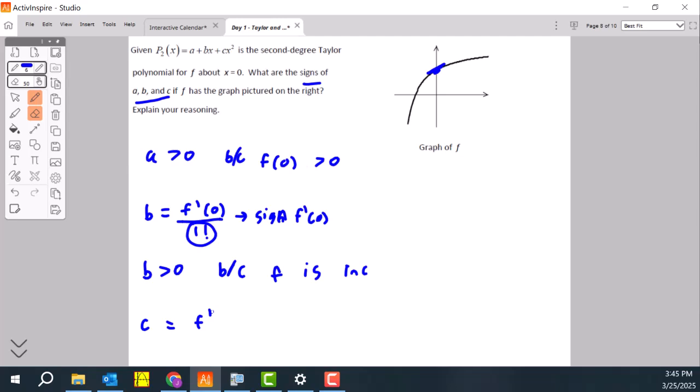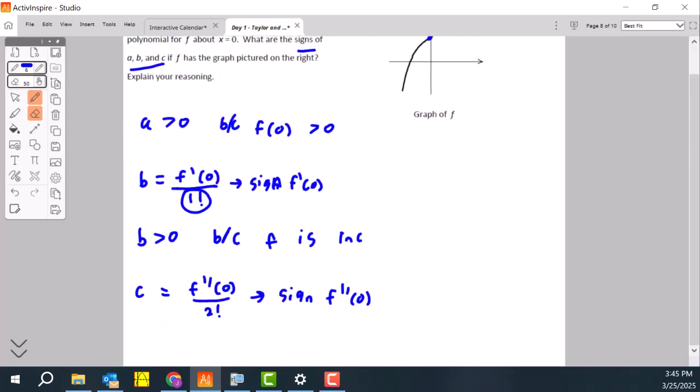Well, c follows the same pattern. C is the second derivative at 0 over 2 factorial. Once again, 2 factorial is always positive, so that means the sign of c is the sign of f double prime of 0. Once again, we don't know what that value is, but we can gain some information from the graph. The graph is concave down at this point, which means the second derivative should be negative.